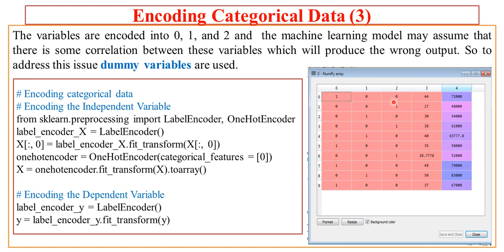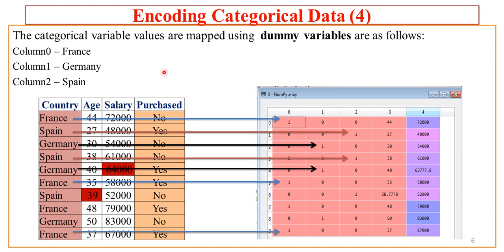Now what is the correlation between our country column and the 3 columns created at index 0, 1 and 2 by Python? We'll see this in the next slide. So here let us try to understand this dummy variable mapping. Our categorical variable values like France, Germany and Spain are mapped with the dummy variables.